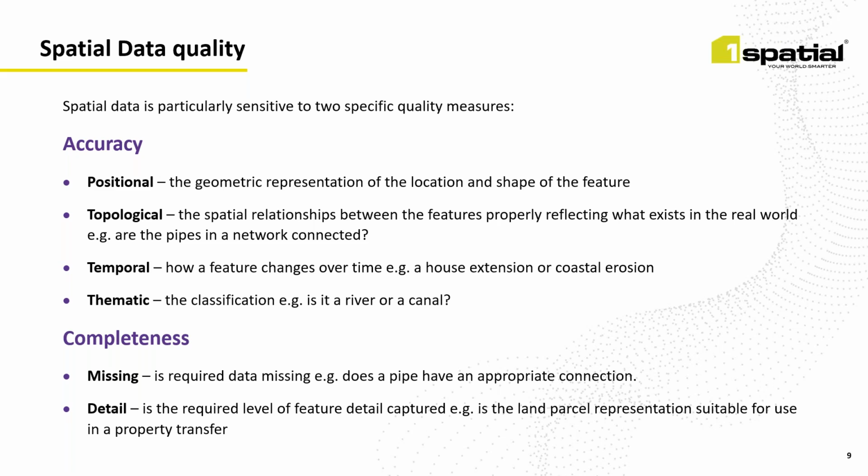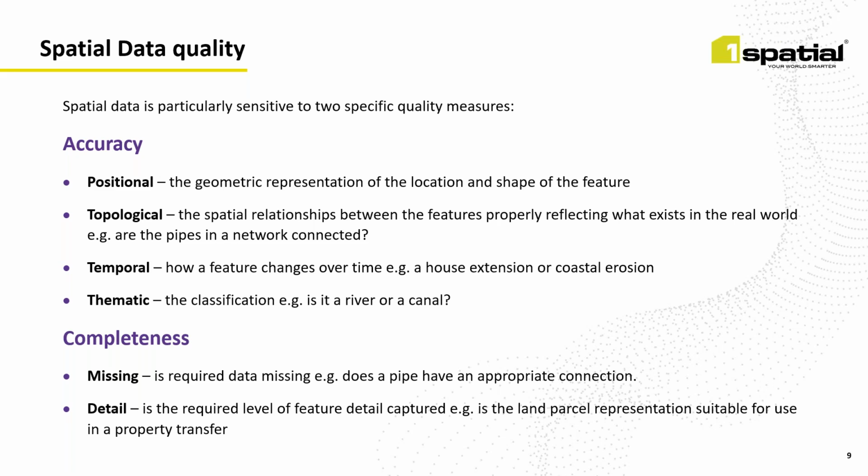Another example of that might be if you have a river network data set, just making sure that the classifications or the types or the subtypes, however they're referred to within the data, are correct for the feature they're representing. That can be the difference between describing a river or a canal, which again, when you're trying to do insight analysis and gain insights from that data, these things become very important.